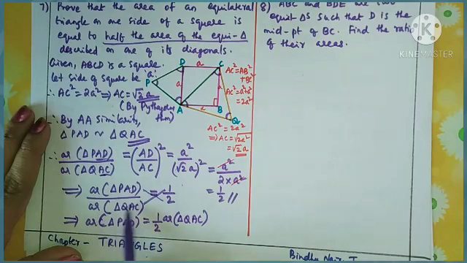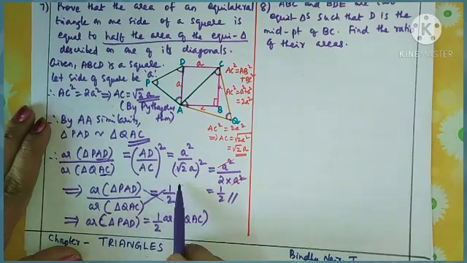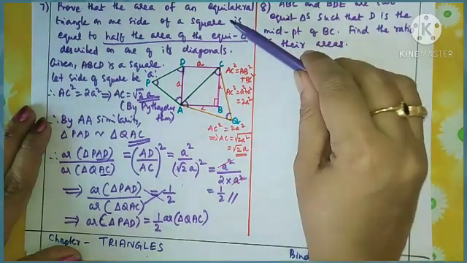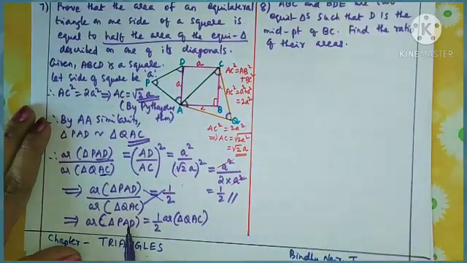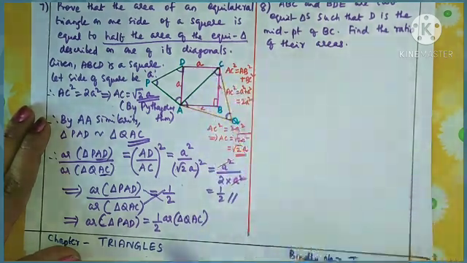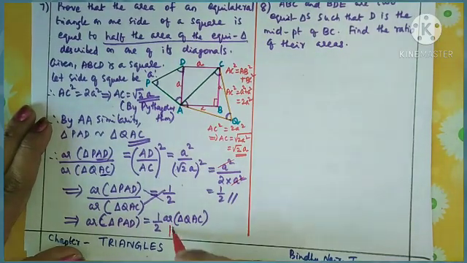So when I take this to the numerator on the right hand side, it is transposed. So we get area of PAD equal to area of QAC. So this is the result we need: area of the triangle on one side of the square is equal to area of the triangle formed on the diagonal. So that is the required result we got, hence proved.